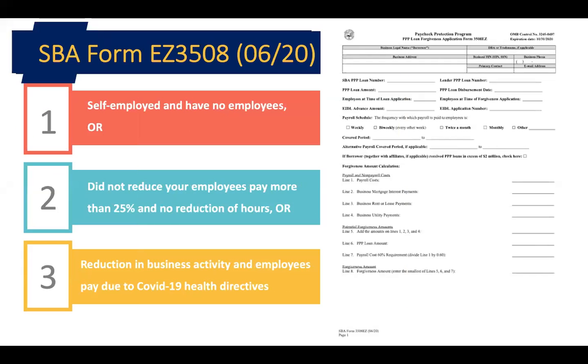And also the forgiveness, right? The application now comes with 2 PPP forms. They basically changed from the 13-page PPP to become 2 forms this time. One is called the Easy 3508, which is the PPP forgiveness, right? The bank now should have that.